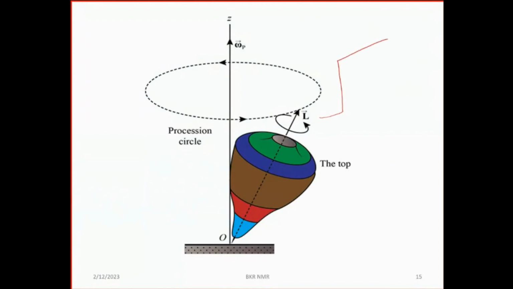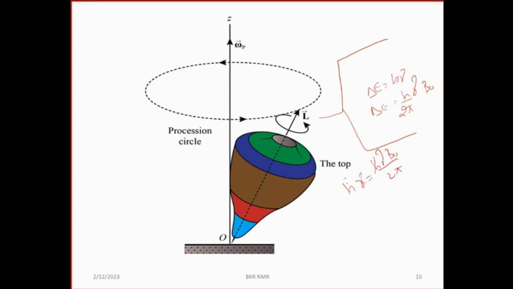You have this splitting energy, delta E. The linear frequency energy is h nu. Delta E is also equal to h by 2 pi gamma into B0. So h nu is equal to h gamma B0 by 2 pi.